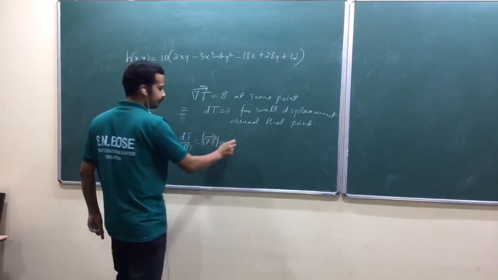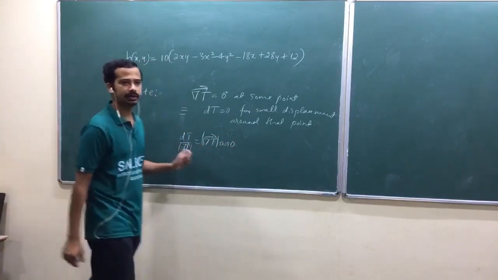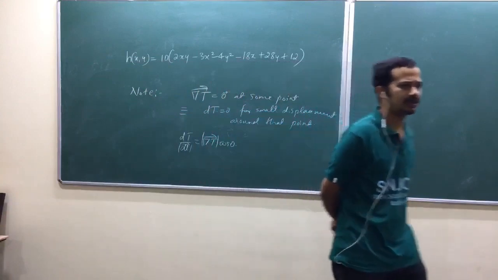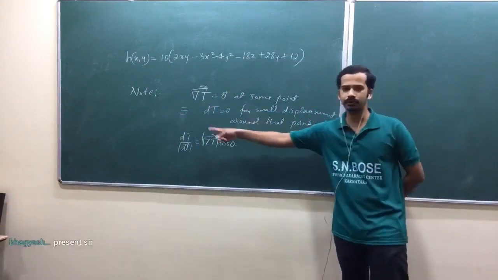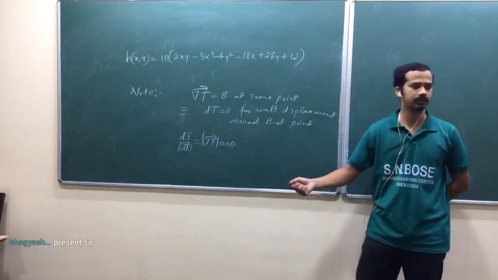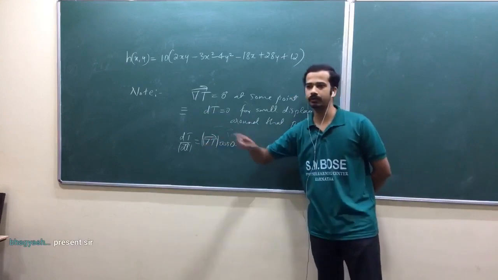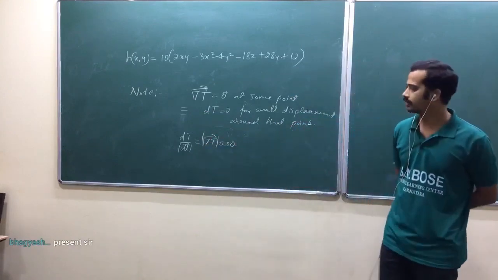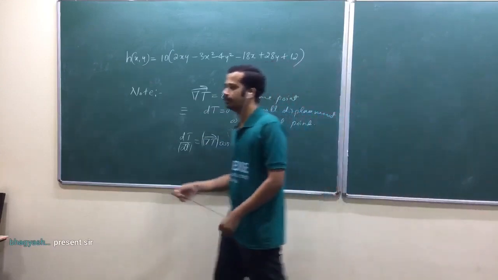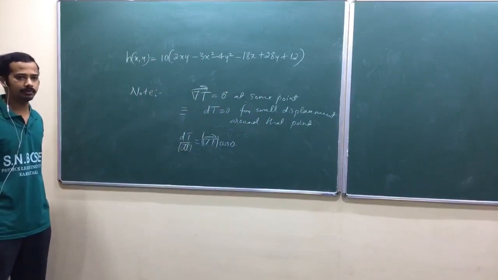If del T equals 0, the change dT by dl is 0. The same sentence. For a small displacement, dT equal to 0 means dT by dl equal to 0. At the point where the gradient equals 0, there is either a point of maxima or minima. So our derivative vanishes at a point of maxima or minima.